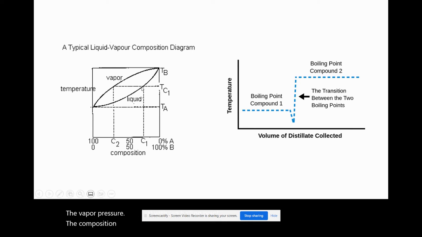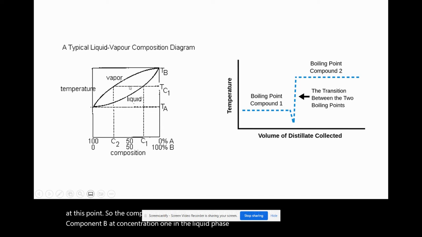All right, so this first thing we have here at this point at concentration 1, this would be the boiling point. So this temperature would be the boiling point of the liquid at this point. So the composition is more enhanced in component B at concentration 1 in the liquid phase.